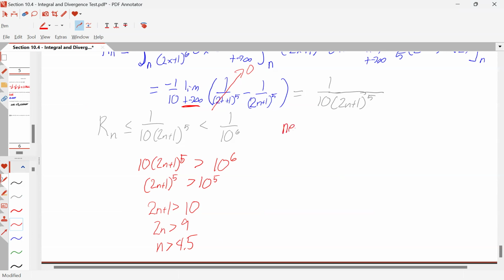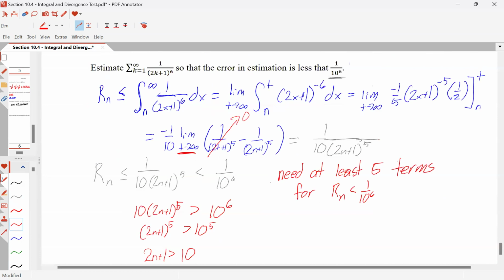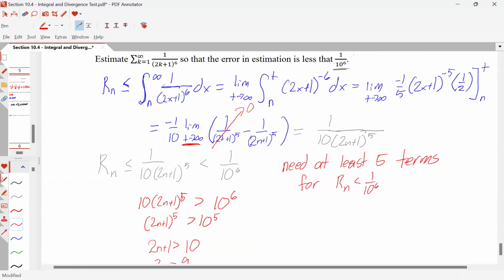So we need at least 5 terms for r sub n to be less than 1 over 10 to the 6th. Remember, we are estimating the series so that the error is less than 1 over 10 to the 6th. So we need at least 5 terms.